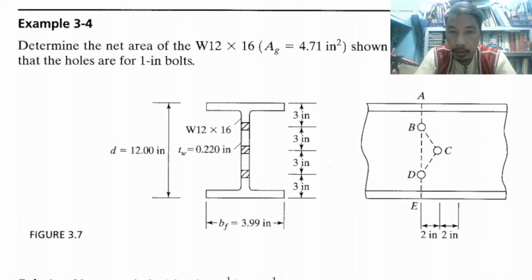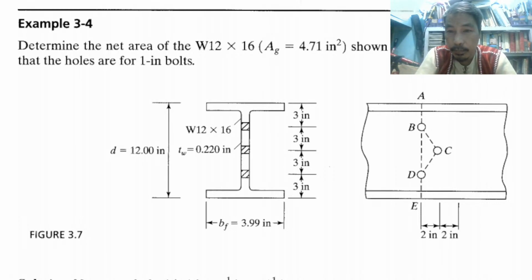Problem number 4 states that we have a given figure of cross section and side view. It is a W type section, particularly W12 by 16. So what do we mean by that?